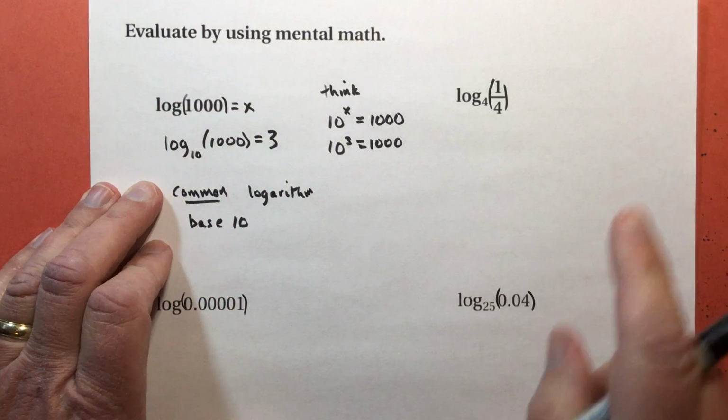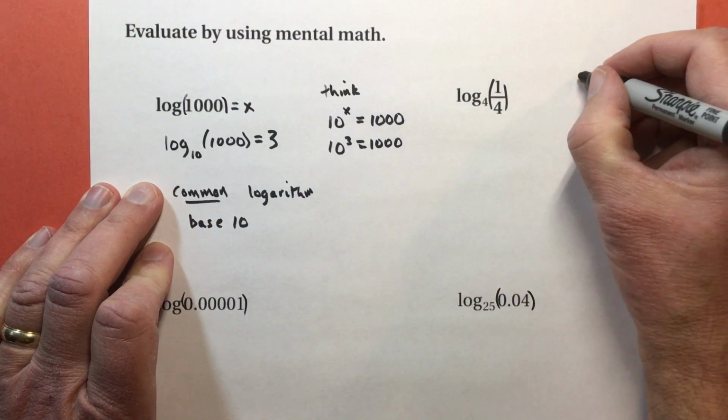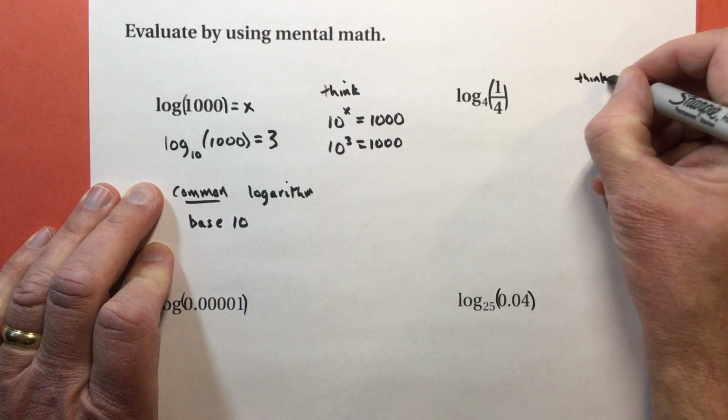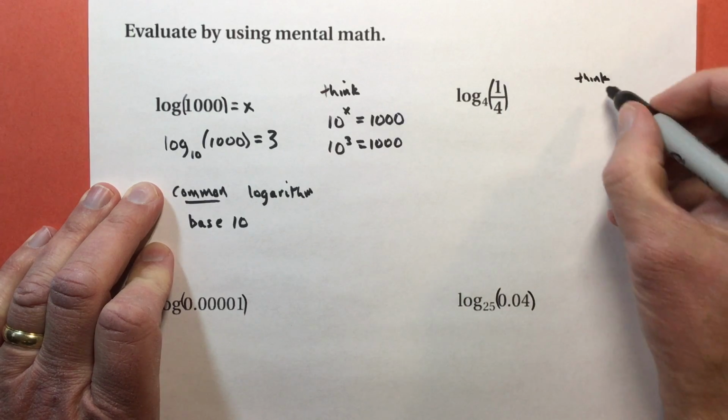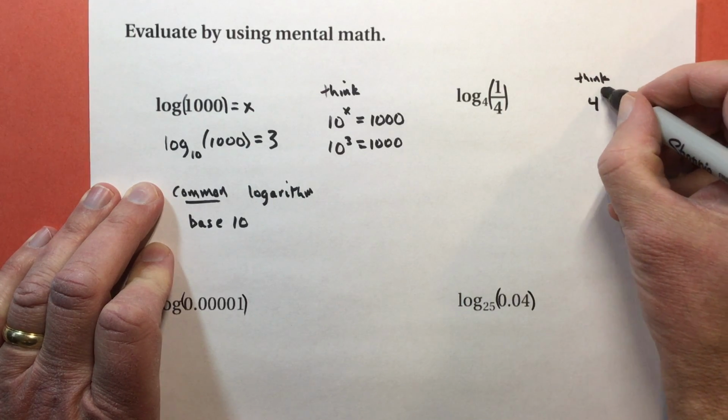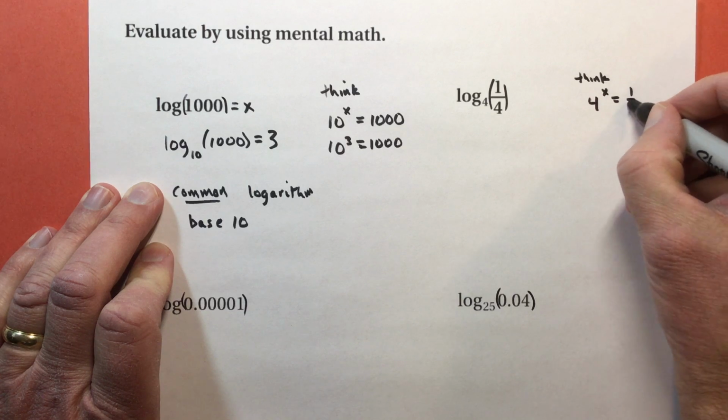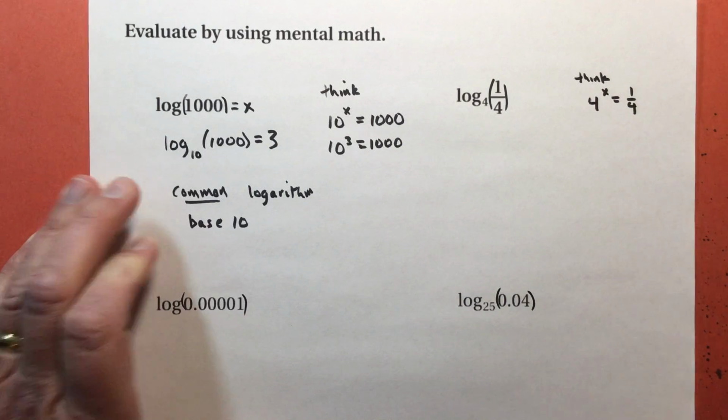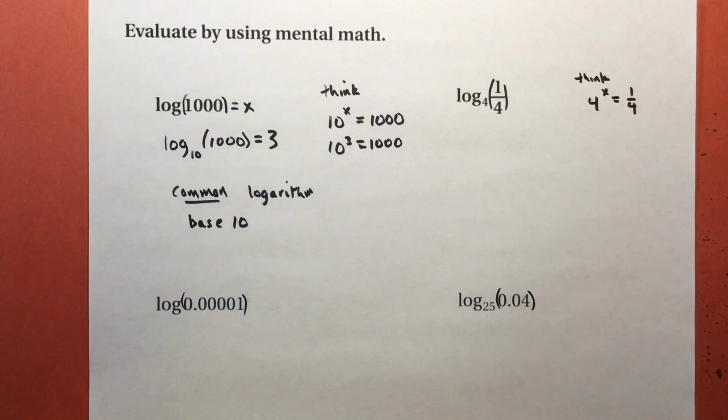Okay, so let's do this one. This is what I'm thinking. So again, I'm writing what I'm thinking. 4 to what power equals 1/4? Now, 4 is not one of the numbers that we provided as a list that you need to know. That was 2, 3, 5, and 10. 4 shows up in the 2s if you skip every other one. But you don't even need that.